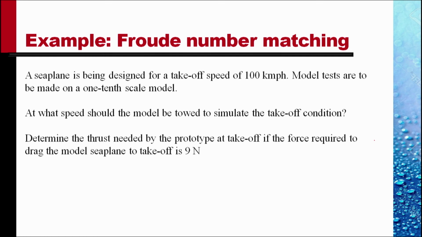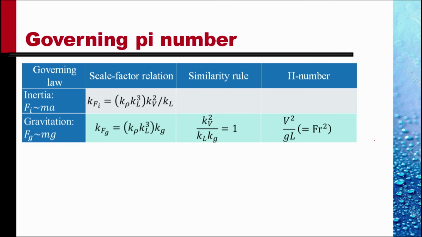When the aircraft is taking off, it is experiencing the resistance in water. Here, gravitation force and inertia forces are important. The inertial force scale factor was determined earlier as this, which is nothing but k rho, kl square, kv square.